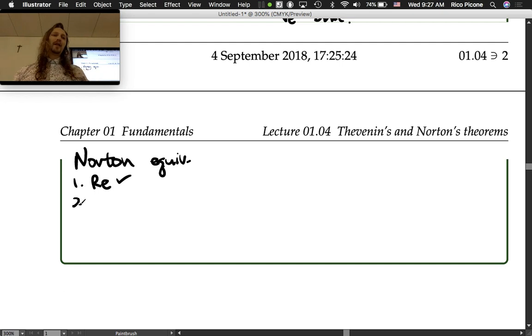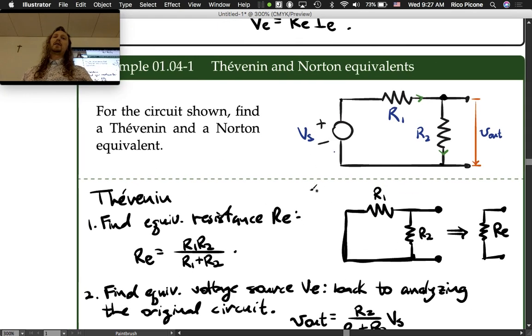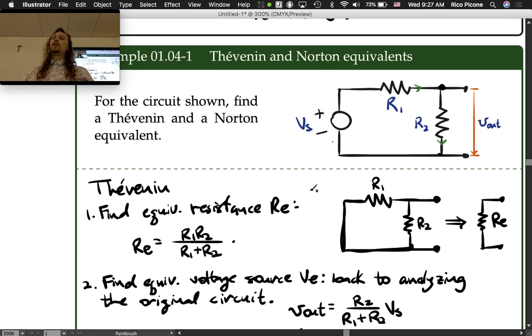So what about finding IE? We have to go back up here and look at this circuit. We want to find what current would run through.